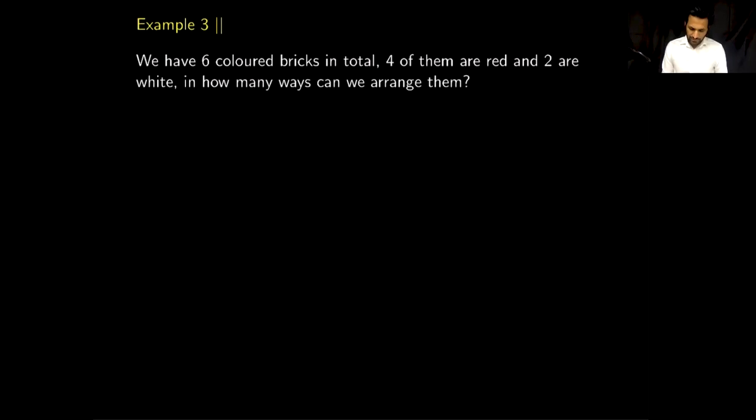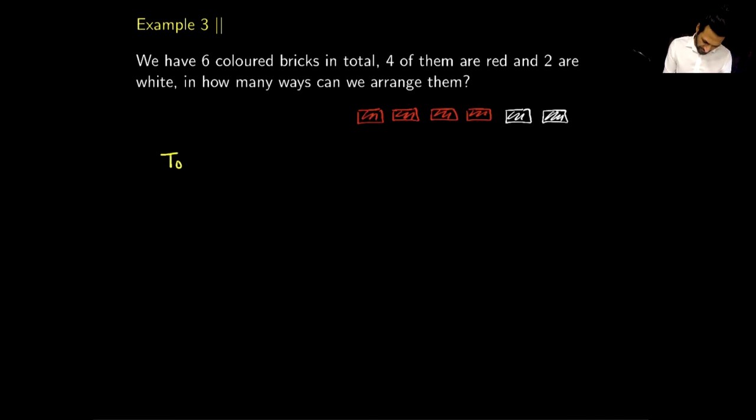Let's first visualize this problem. We have a total of 6 bricks, and 4 of them are red and 2 of them are white. We need to find how many ways we can arrange them, so the total number of arrangements.